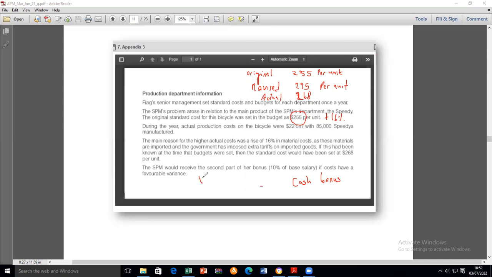Because the imposed tariffs were outside the control of the manager. So the variance should have been based on what? On operational, yes, on the revised budget.